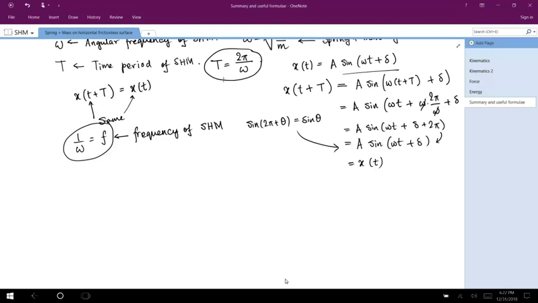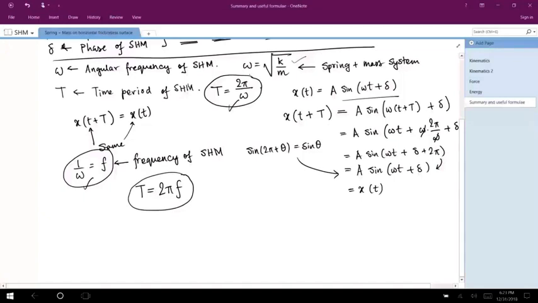We can combine some of these formulas to give us more concise results. So for example, omega equals 2 pi f. Now this is simply combining T equals 2 pi over omega and 1 over T equals f. Further, we know that omega is equal to square root of k over m.